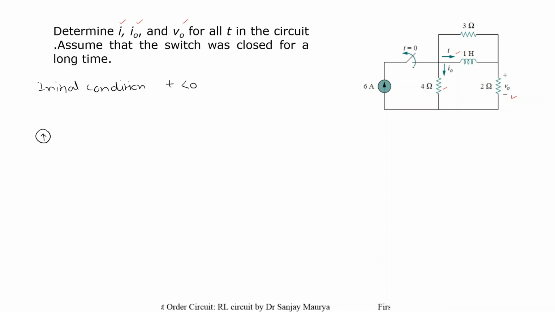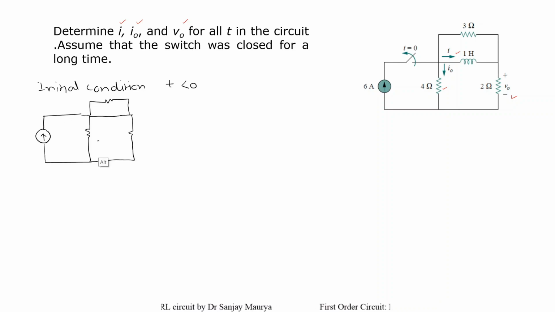Since the switch is closed for a very long time, in such a case this inductor will behave just like a short circuit. So I'm going to redraw the circuit. After redrawing, we can get this 6 ampere, this is your 4 ohm, and this is 3 ohm and 2 ohm.